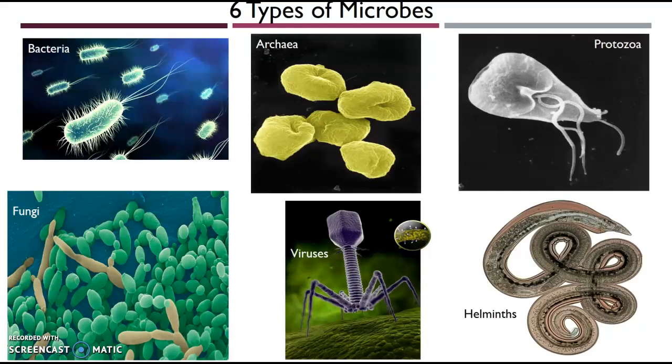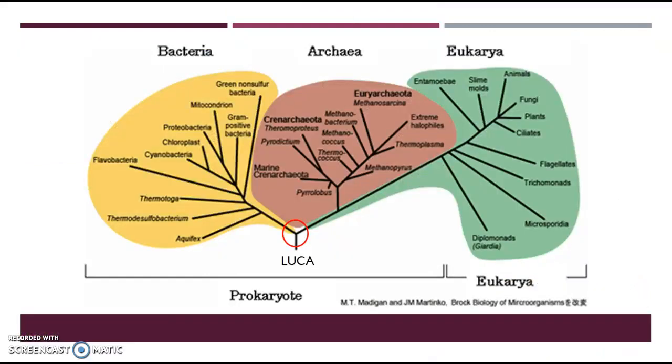And then finally, the helminths, and we're talking about worms, primarily parasitic worms is what we'll focus on in this course. So those are the 6 groups that you need to know and that we will be studying during this course.